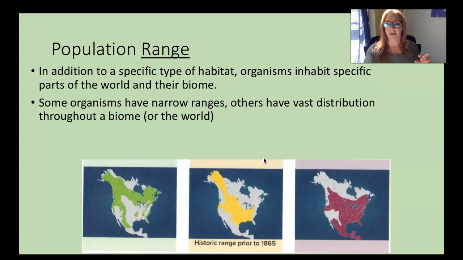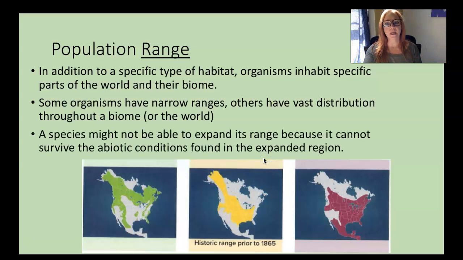And this varies depending on what organism we're talking about. Some organisms have a very narrow range. We only find them in small pockets. Others are found much more widely, spread across a continent, spread across the world, okay? And the range is really determined by the abiotic factors that change across the area of the planet. So usually a species has a pretty narrow range of abiotic tolerances that they can live in, right?